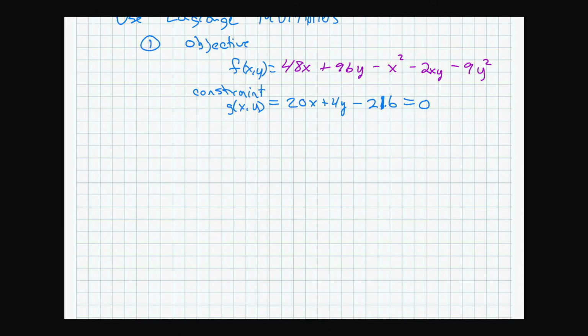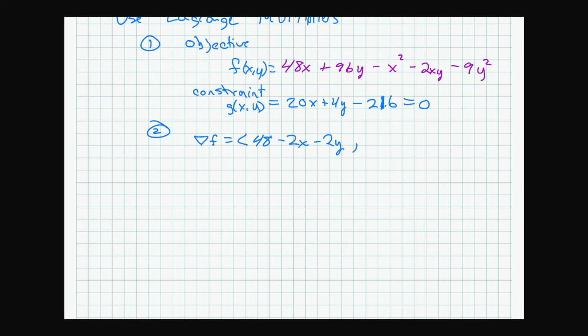Then we need to figure out the gradients, right? So we need the gradient of f and the gradient of g. For gradient f, we take the partial with respect to x. The derivative of 48x is 48, the derivative of negative x squared is negative 2x, and the derivative of negative 2xy is negative 2y, and that's it.